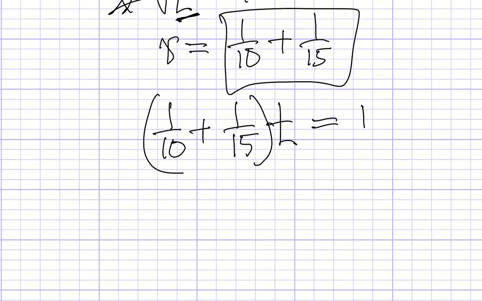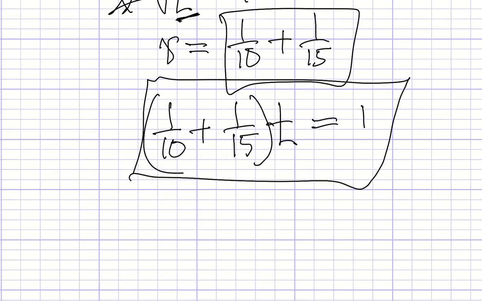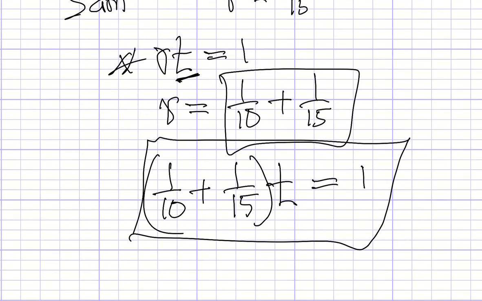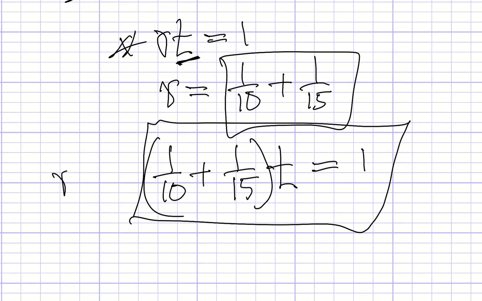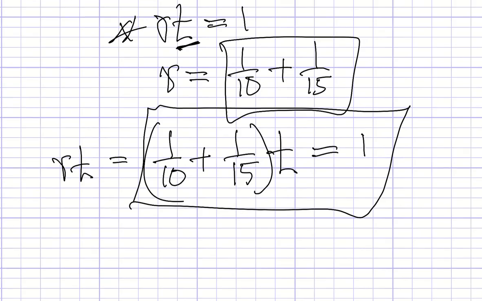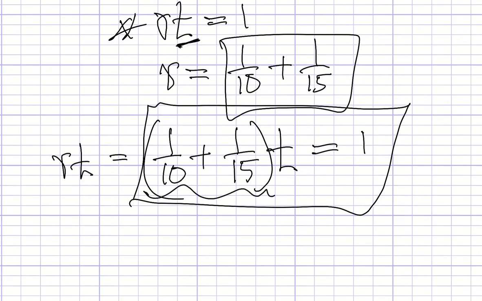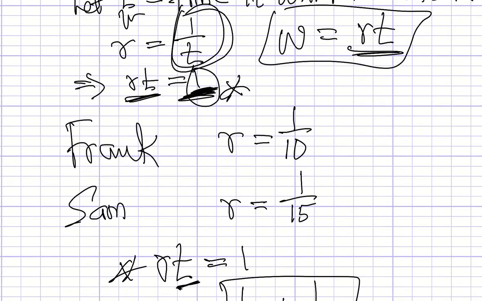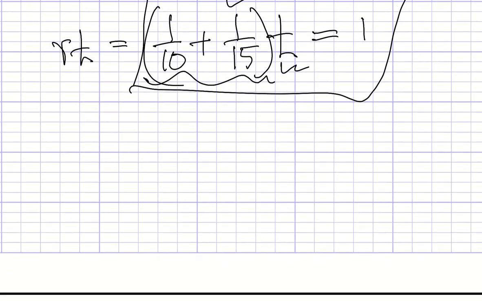That's what we need to solve. This is rate times time. This is their combined rate, and this is the time we stipulated, their combined time to finish the job, both of them working together. So we'll solve for that.